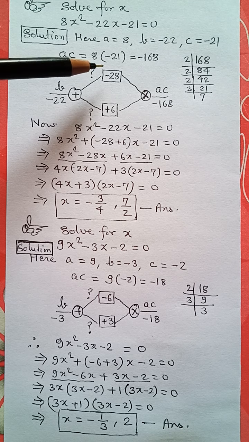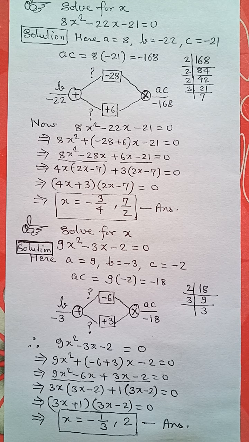Therefore, the negative number must be greater in amount than this minus 22. That means the negative number must be smaller than minus 22.